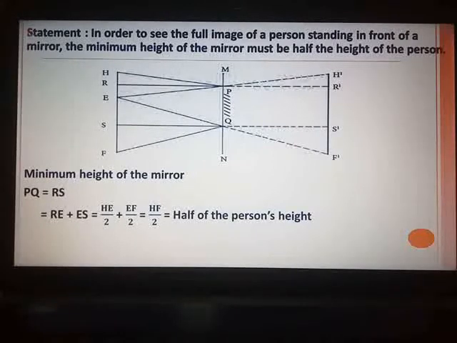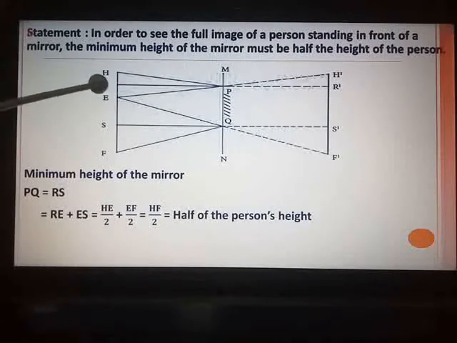For this statement, you can see here a figure on the slide. Here in this given figure, the point at the top of the head, the eyes, and a point at the feet of a person are indicated by H, E and F respectively. Head H, eyes E and F is the feet.